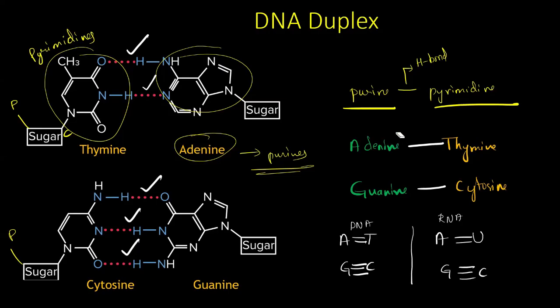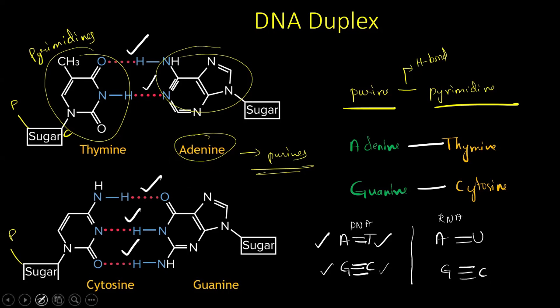So you need to notice a few things. Between the thymine and adenine, the nitrogen bases are connected with hydrogen bonds, and these are complementary. That means adenine can only bind with thymine. It cannot bind with cytosine. In the same way, guanine can only bind with cytosine. Adenine can bind with uracil if it is RNA. Guanine can bind with cytosine. That's how they make the complementary base pairs.